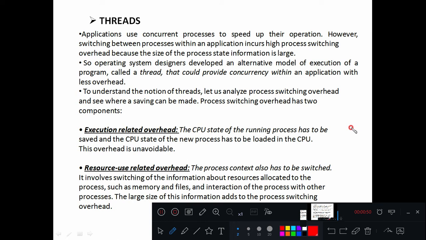In such cases, the server will create a number of processes, like we discussed the concept of child process, right? So parent and a child process. Parent process always creates a child process to handle different tasks parallelly, or when a complex process gets divided into a number of small or simple processes, each simple process will be handled by a child process, right?